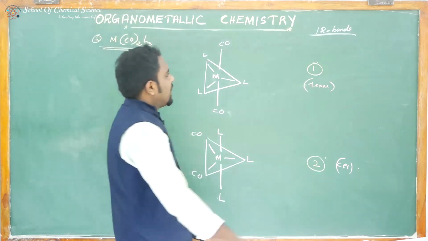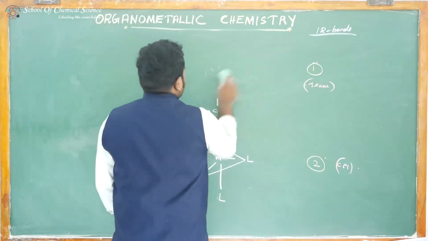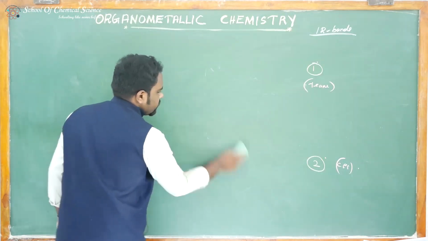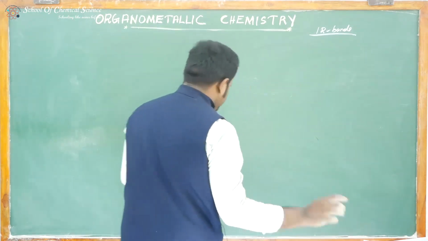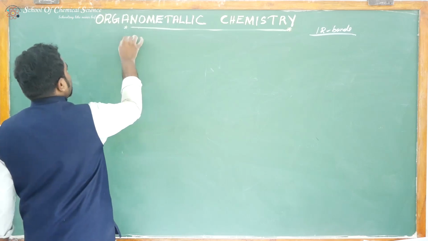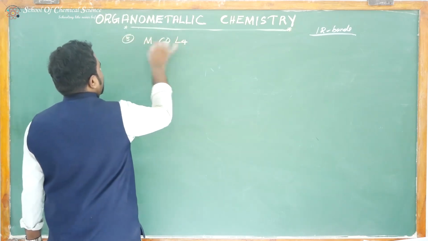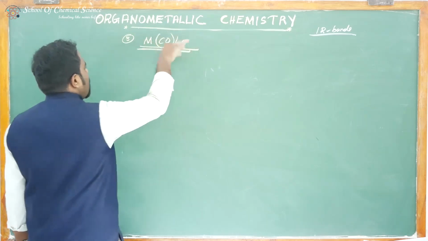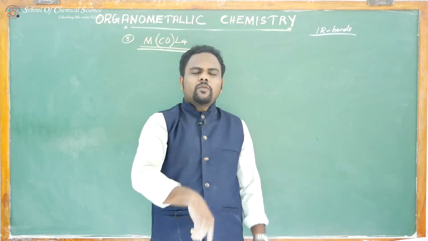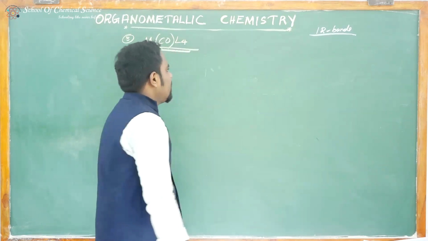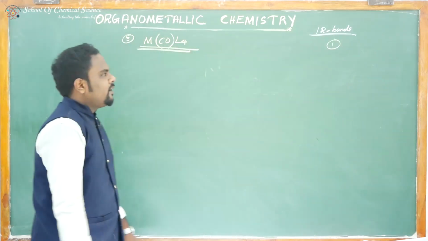Okay. The last and fifth one: MCOL4. You know, for all monocarbonyl, that means only one carbon monoxide, irrespective of the geometry, only one IR band.